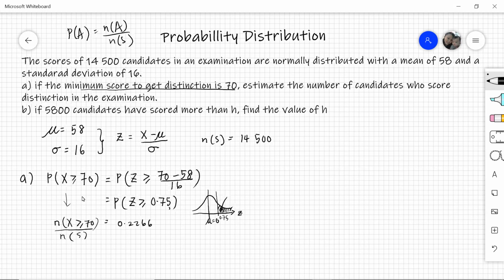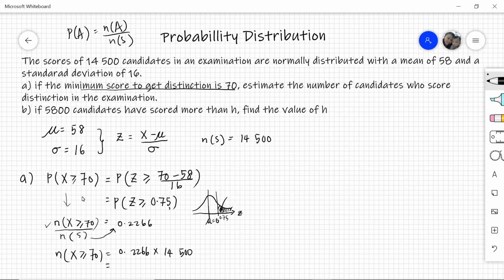So now we need to find the number of candidates who score greater than 70. We just bring the total sample across to the other side. So the number of candidates who score, X is the score, greater than 70, will be 0.2266 multiplied with the total, which is 14,500.